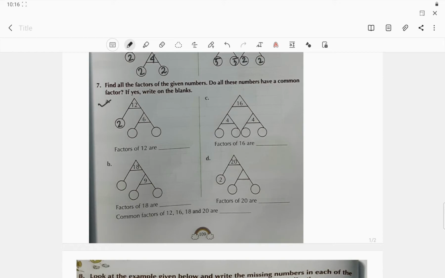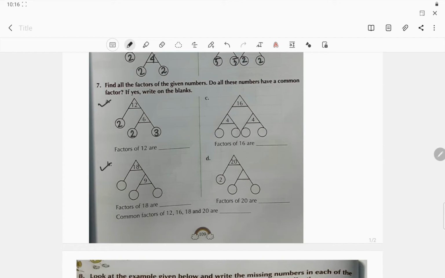Now you have to break 6 into 2 branches. 2 3s are 6, or you can say 2 and 3 are the factors of 6, right?